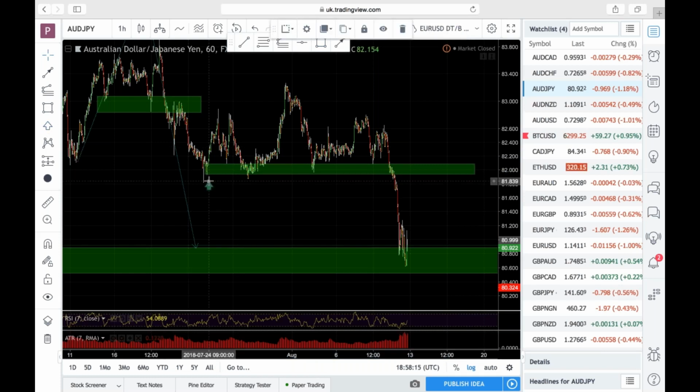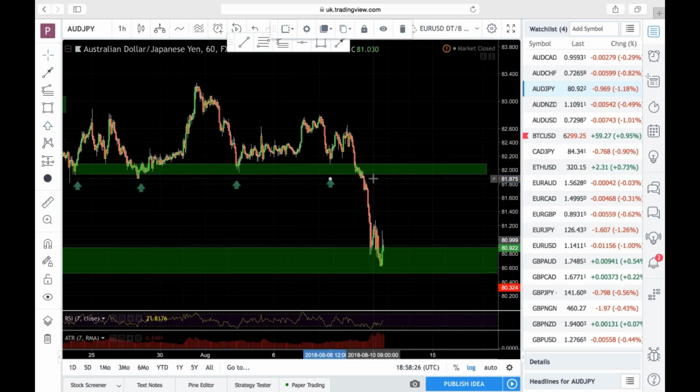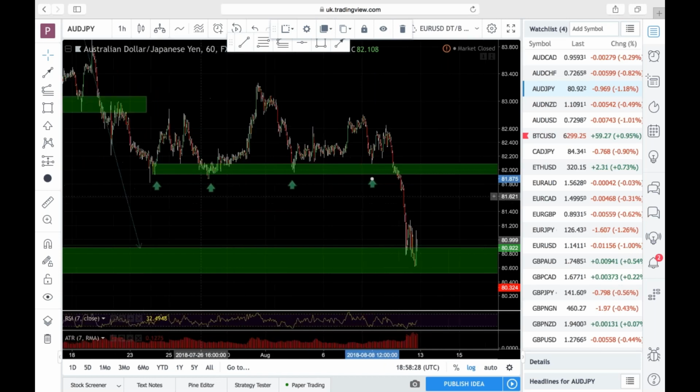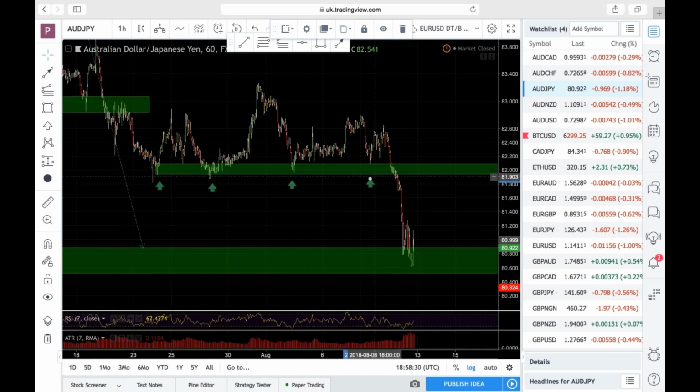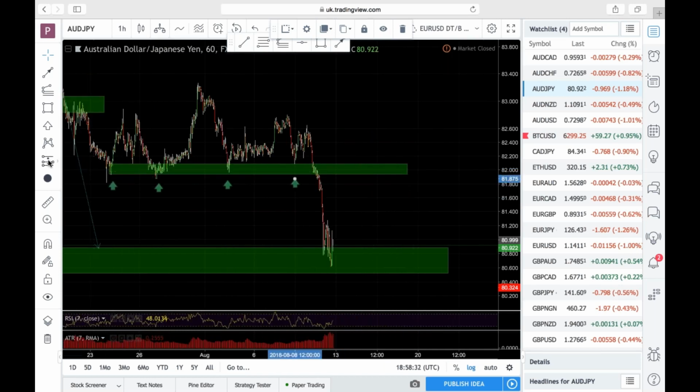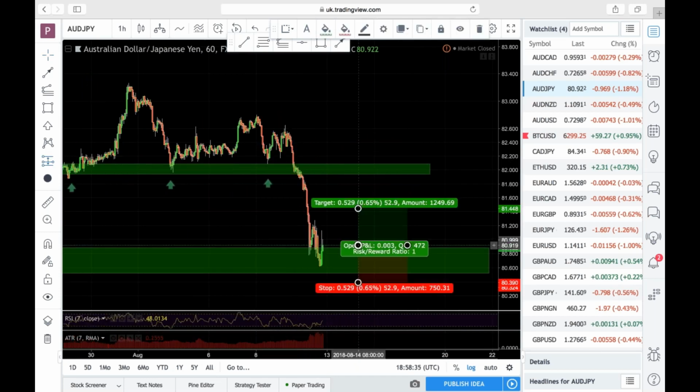If you notice why this is a structure level, again, just look for the abnormalities. Look for signs of struggle. Signs of struggle create structure levels. So I would be looking to put my stops, of course, below this structure level.